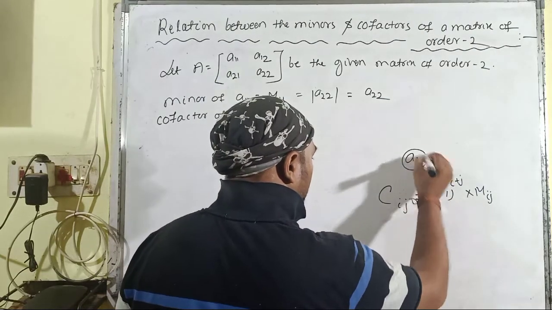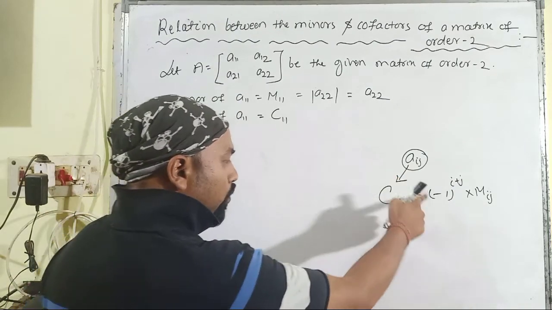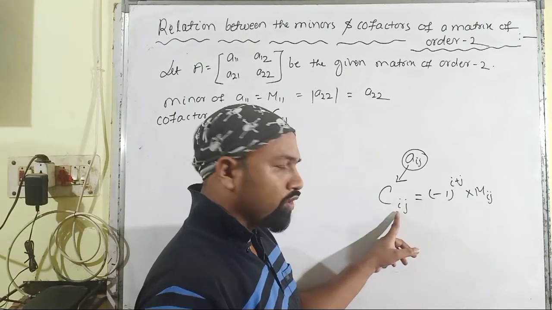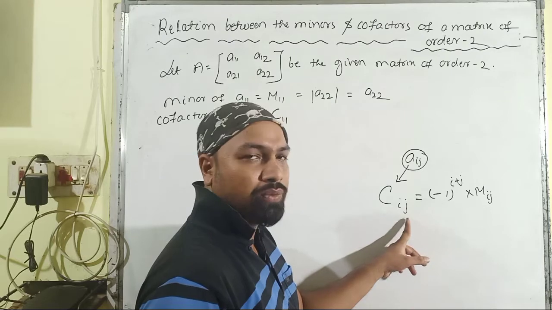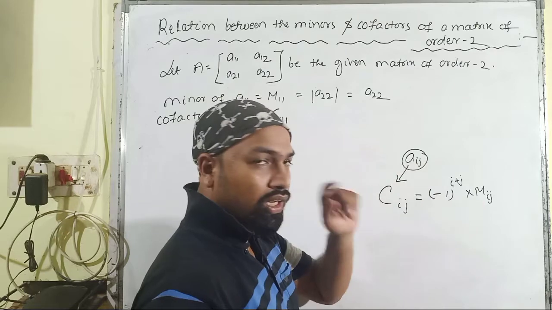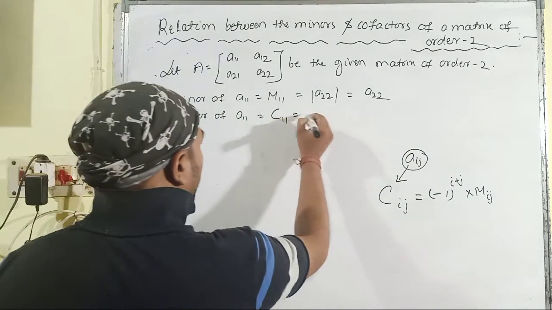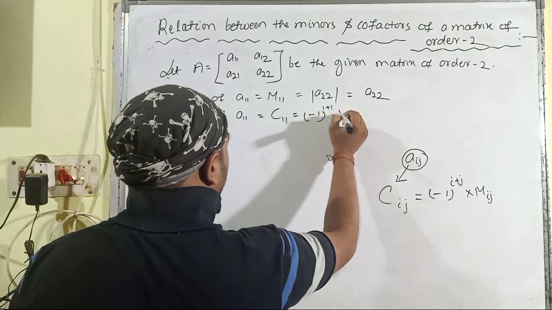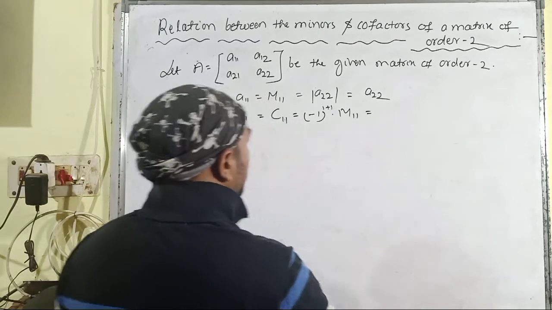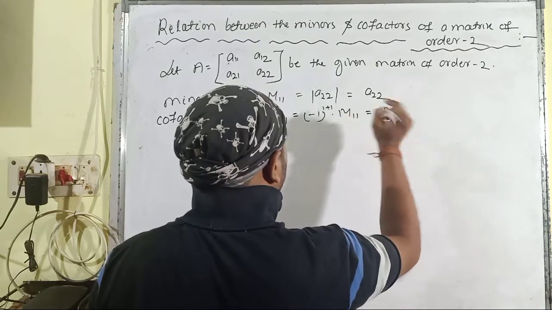Let us consider an element Aij, then its cofactor Cij is represented by minus 1 to the power of the sum of the row number and the column number where it has been placed, multiplied with the minor of the Aij element, which has already been derived before the cofactor. So it will be minus 1 to the power 1 plus 1 multiplied with M11. That means it will be equal to M11, and the value of M11 here is A22.